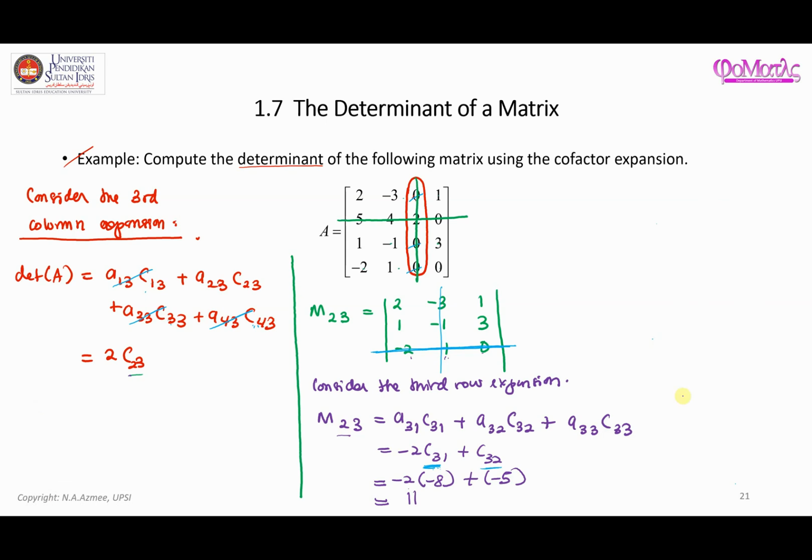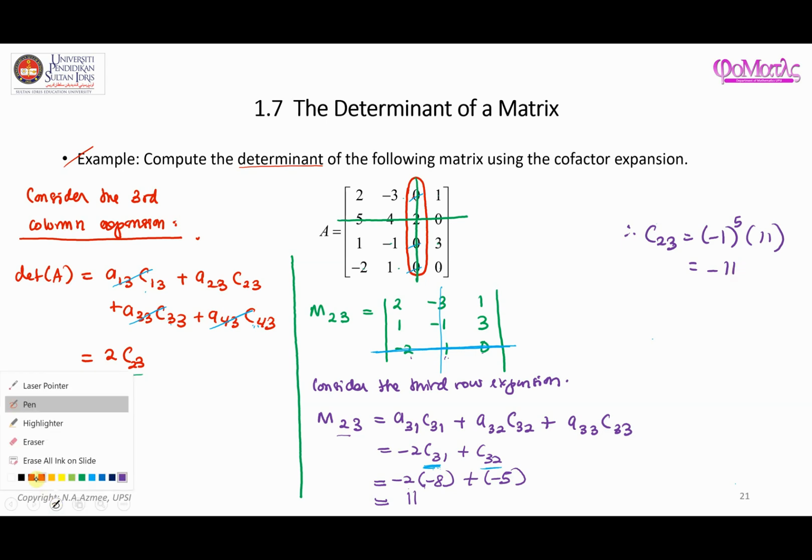Using this result, therefore C23 is going to be negative 1 to the power of 2 plus 3, which is 5, and then this result here, 11, just plug in right next to it. Negative 1 to the power of 5 is going to be negative, so here it's going to be negative 11. And we can now use this result to plug into our main work here: 2 times negative 11, which is negative 22.